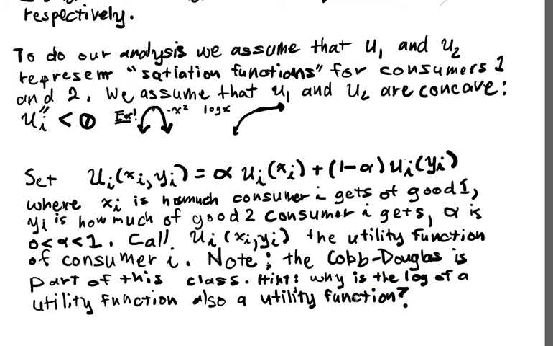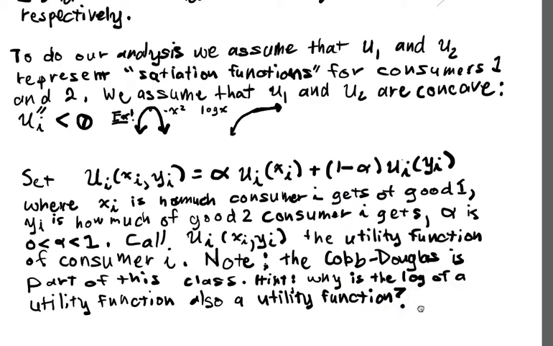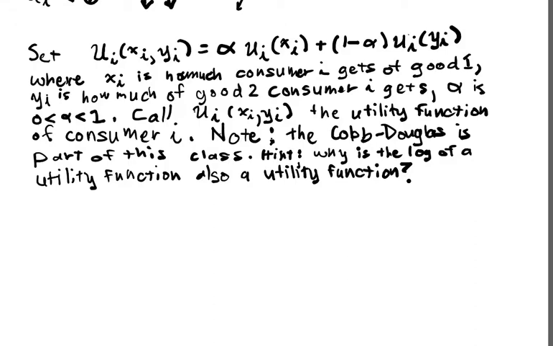So ask yourself that question. The Cobb-Douglas actually can be represented exactly like this, which is nice. So that means that this kind of utility function does show up, and it's not crazy to think about it.